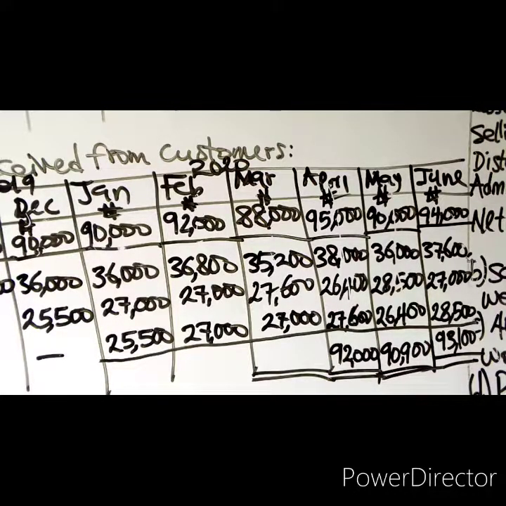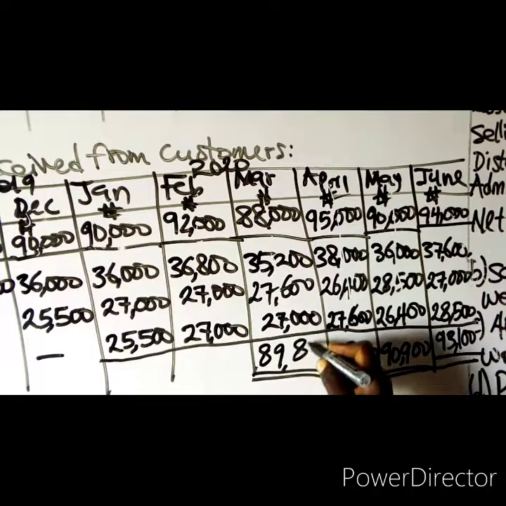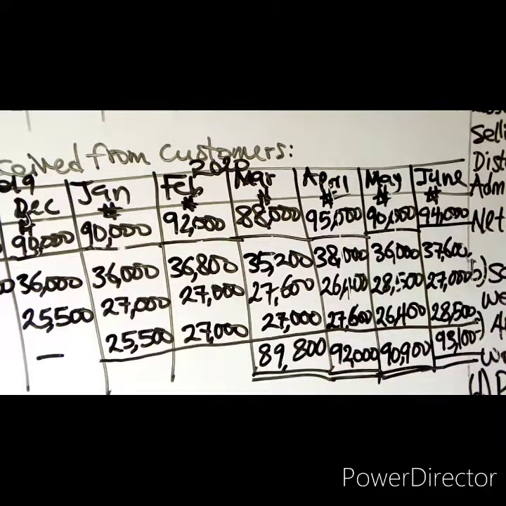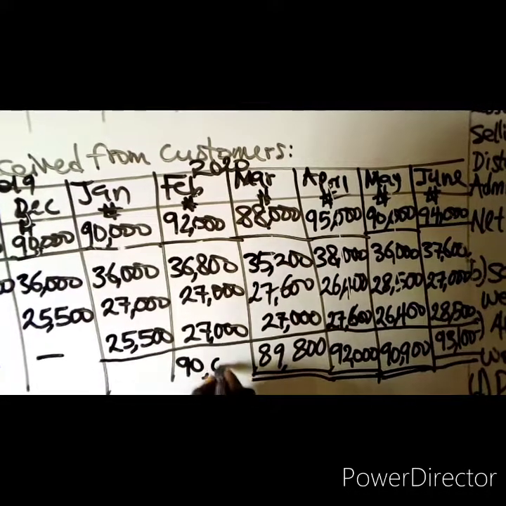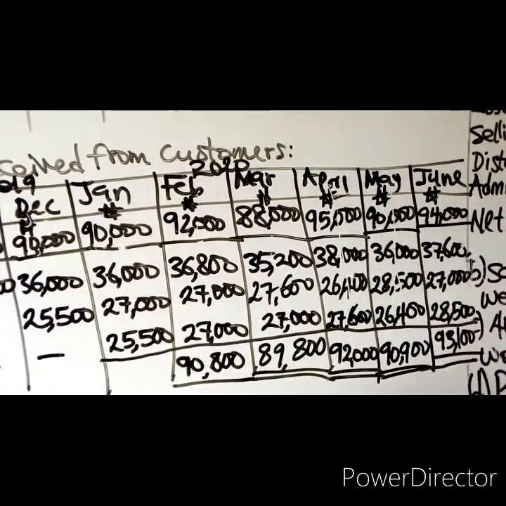Then we have 89,800. Then we have February 2020. We have 36,800 plus 27,000 plus 27,000. Then we have 90,800.